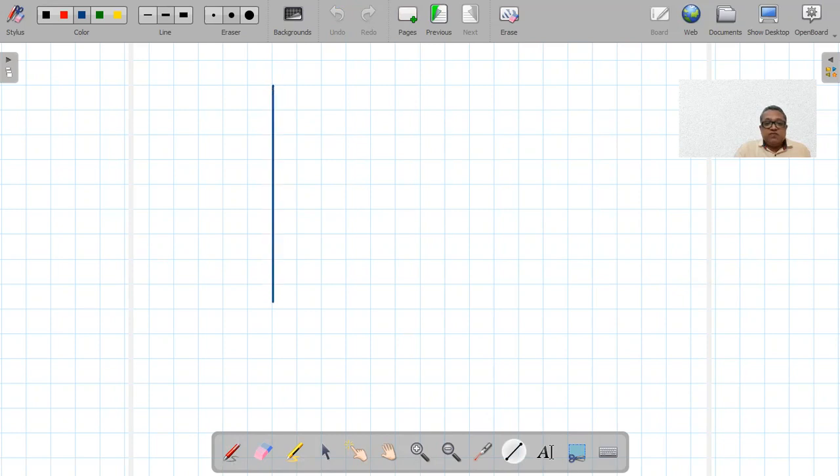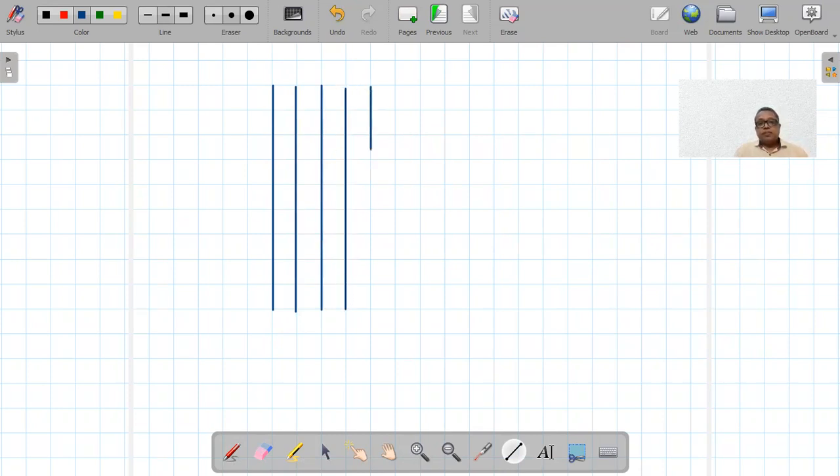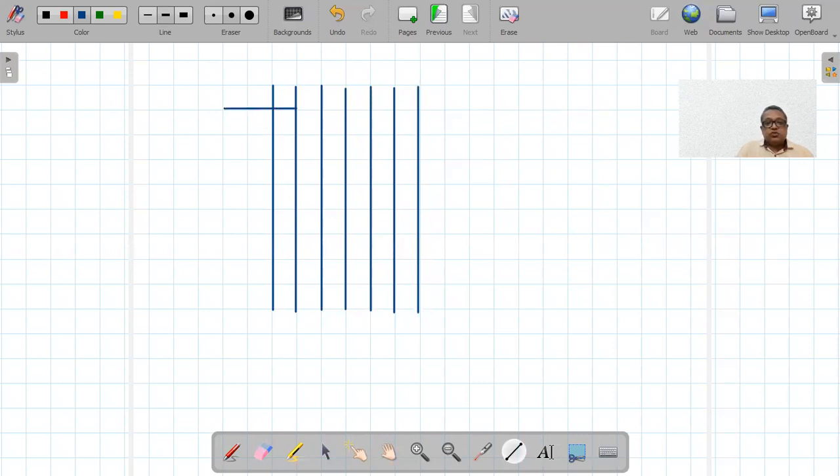So let's say we are having roads like these, which are running parallel to each other in both directions. So these are called crossroads. Why? Because they are crossing each other.